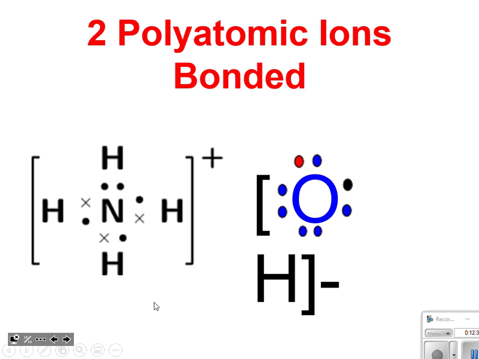But we could have positive. Okay, we could have positive. If it's a positive polyatomic, what does that tell you? Okay, it lost an electron, right? It lost an electron. So if you look here, these X's are the hydrogens. We know nitrogen has 5.